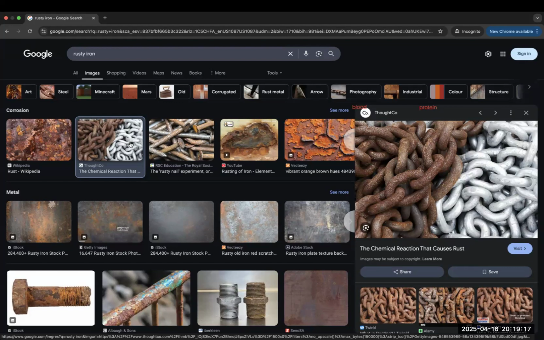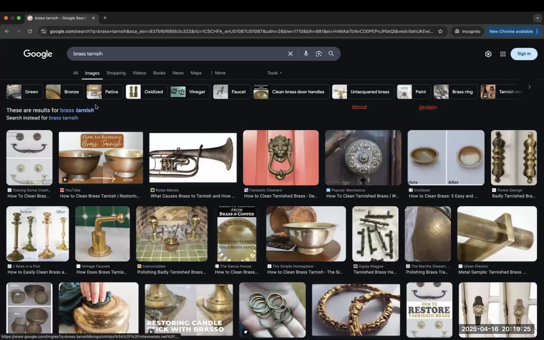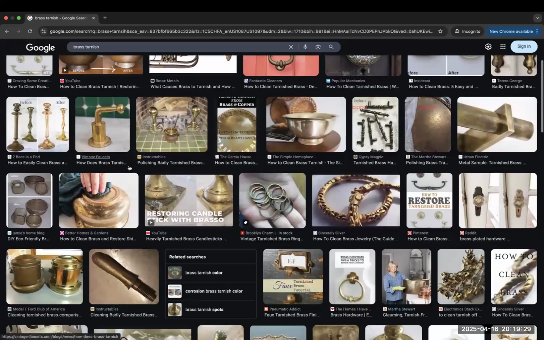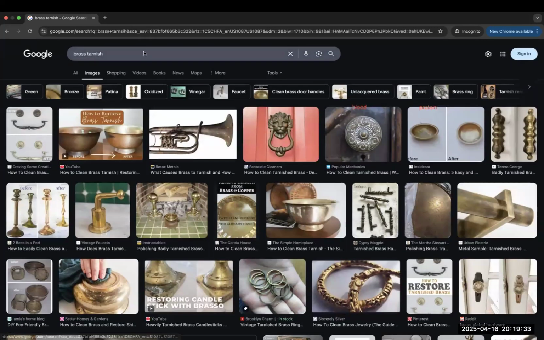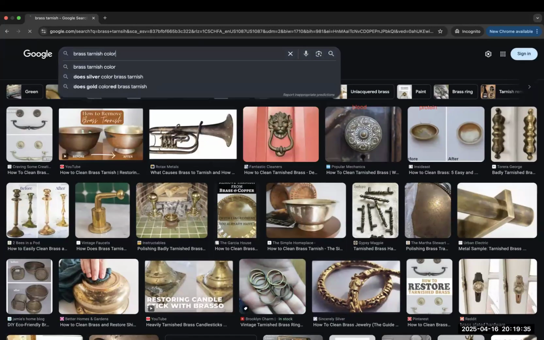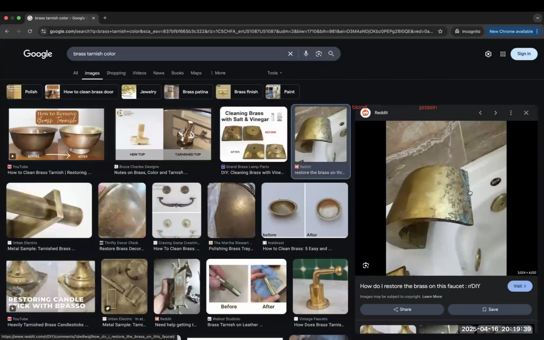And on the other hand, if you have brass, which has copper in it, when brass tarnishes, it turns bluish green. So that's what you might see.